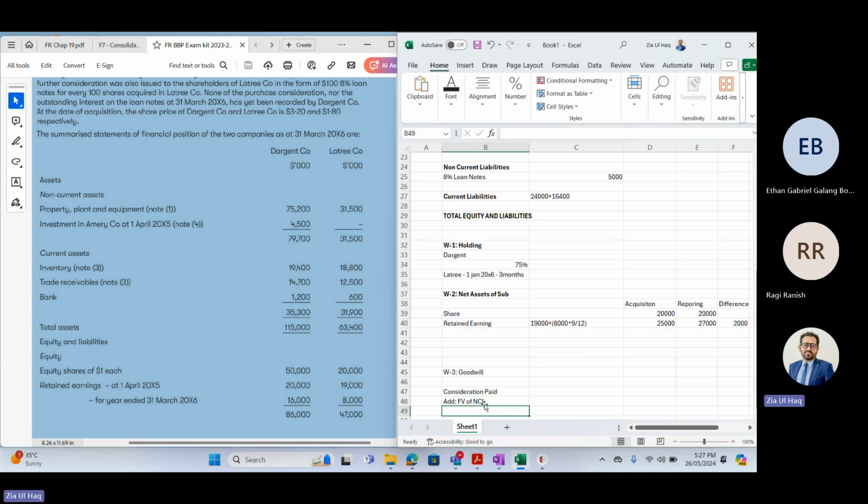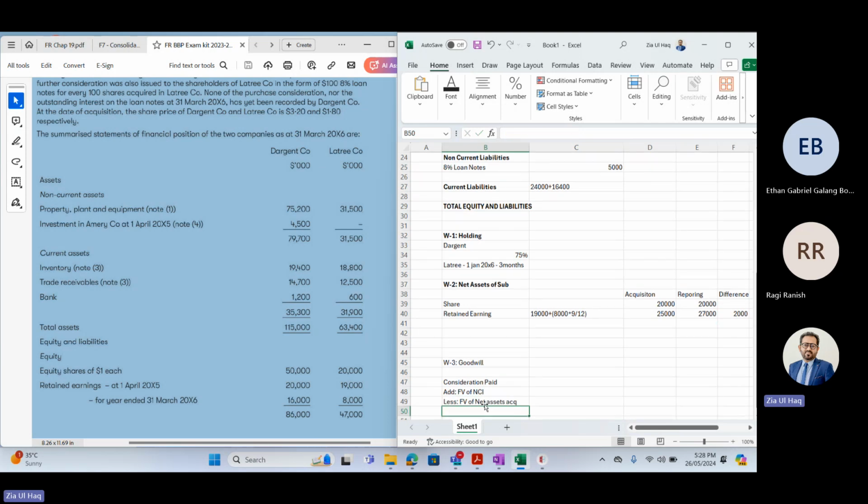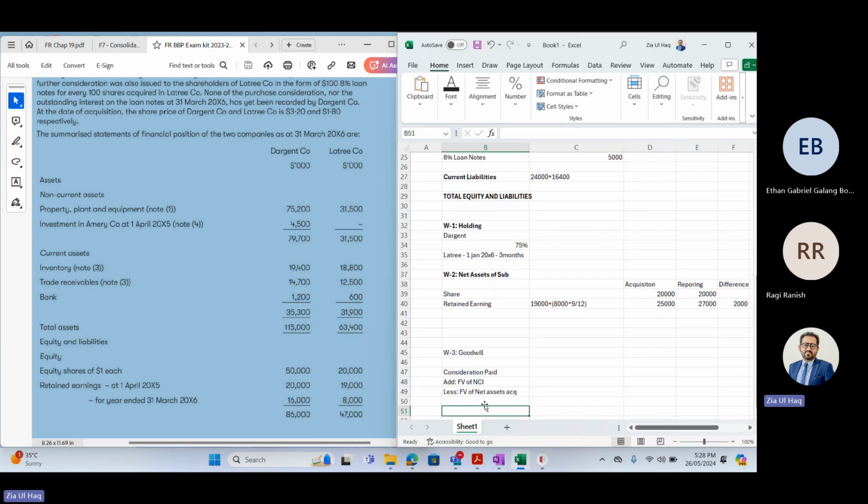And from that, we need to deduct the fair value of net assets acquired. So we can calculate goodwill. If there is impairment, we will deduct that.